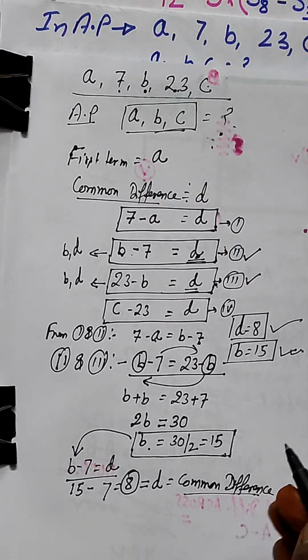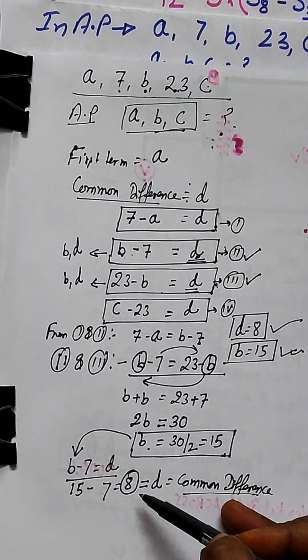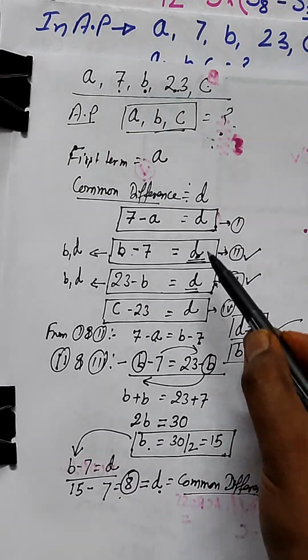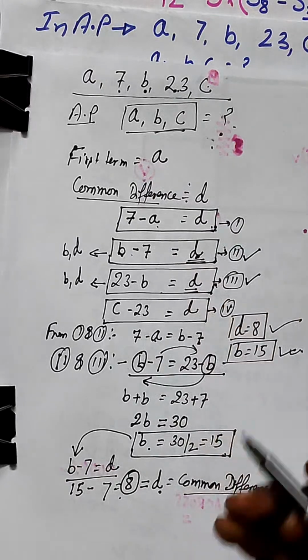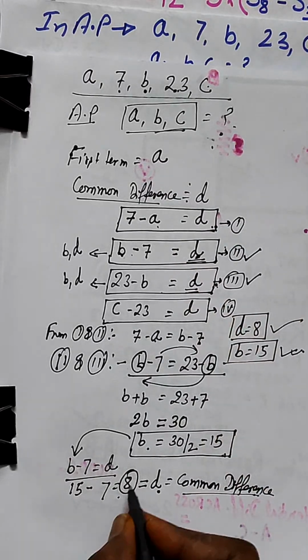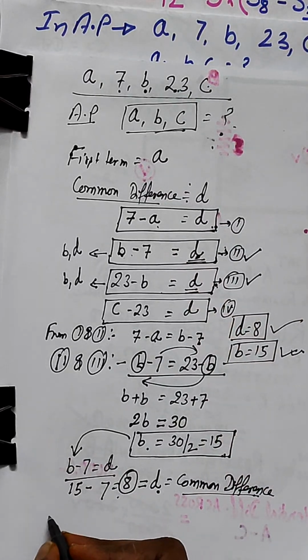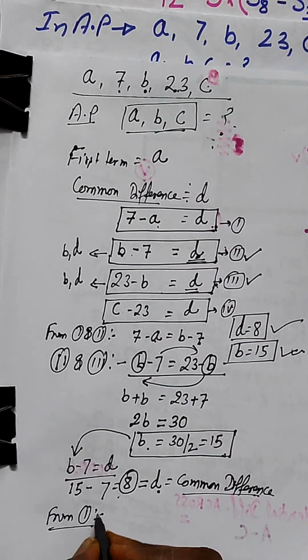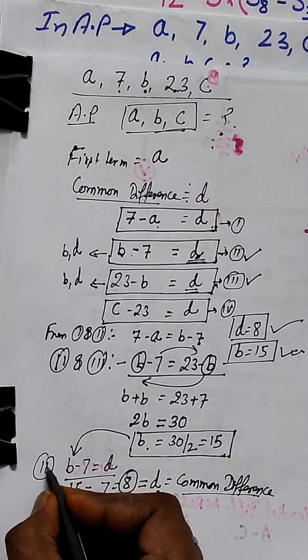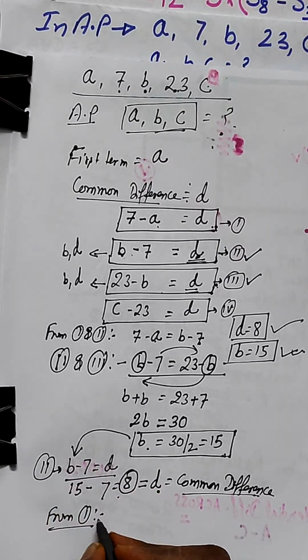Now from here, if you are knowing the value of D, just put it into equation 1 to get the value of A. So from here what we will do, from 1, this is equation number 2, this is equation number 1.